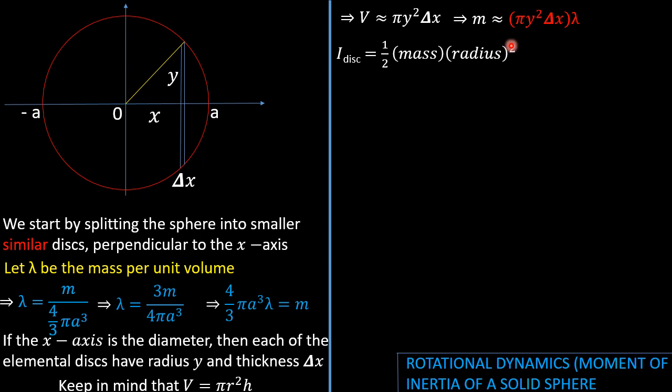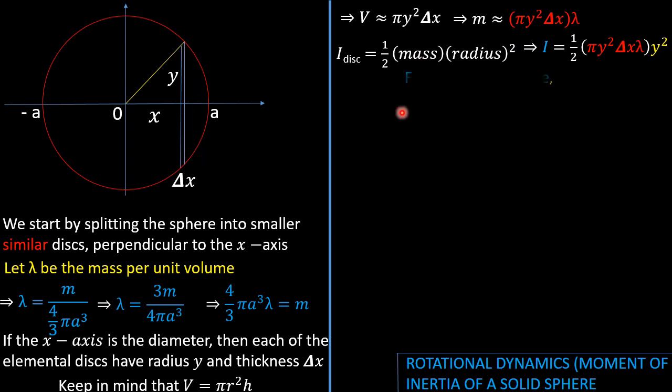If we apply the same principles, the moment of inertia of each of those discs is 1/2 times the mass, which is pi y squared delta x lambda, times the radius squared, which is simply y squared. Great, friends. That's what we have. This is for an elemental disc, just one of these discs.